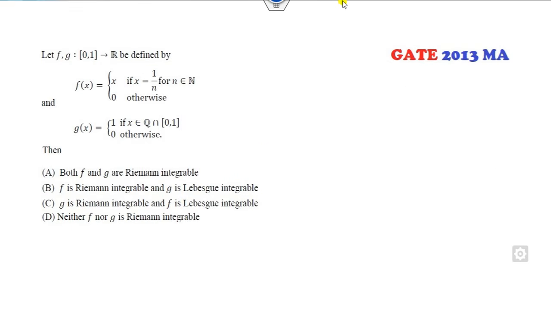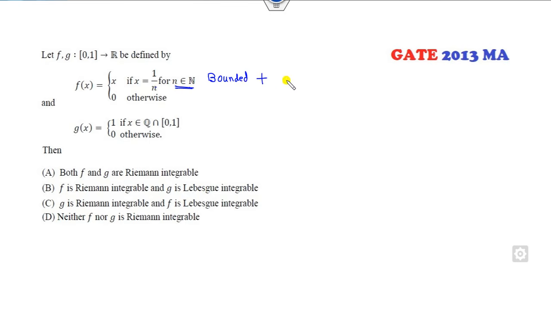Okay, look at another one. f and g are two functions which are defined here. Look at this function. Is it a bounded function? Because n is a natural number, this function is bounded. Now you have to prove the discontinuity.